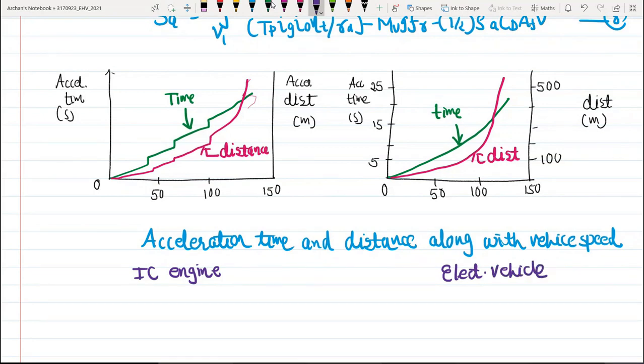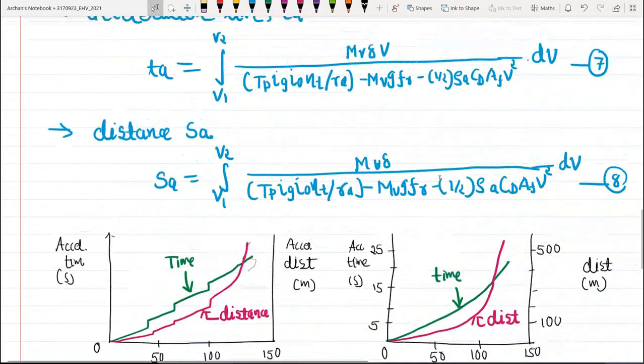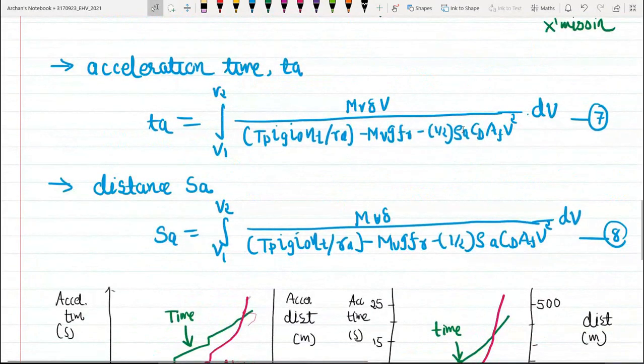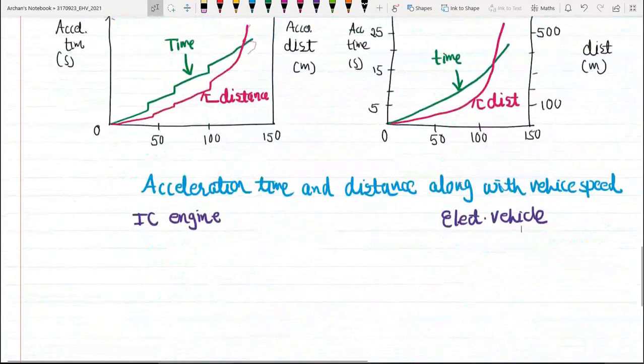This is how we will be able to predict the acceleration performance, nothing but the acceleration time and the distance covered from zero speed to a certain high speed. Whatever parameters are required to identify this, all the parameters and equations are now available to us, so we can easily predict the acceleration performance now.